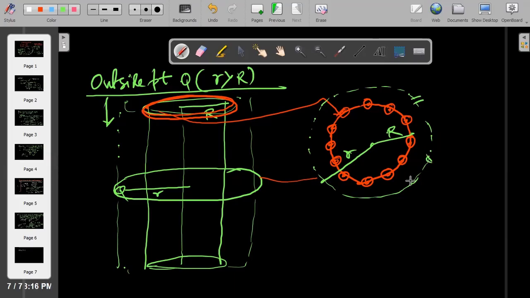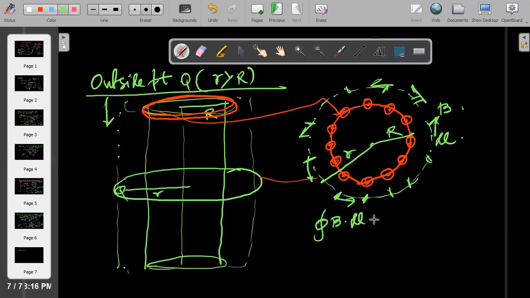Here all dl vectors will be there, and the magnetic field is tangential, which we have discussed. So the magnetic field everywhere is tangential. This is dl, this is your B vector. So B dot dl: the integration of B dot dl is nothing but B dl cos 0 degree integration.